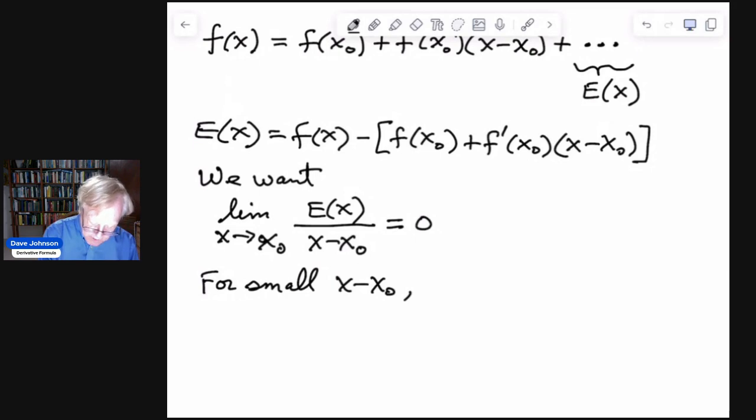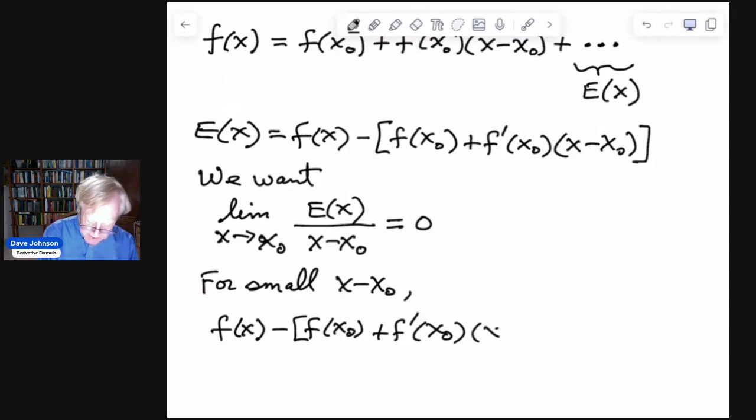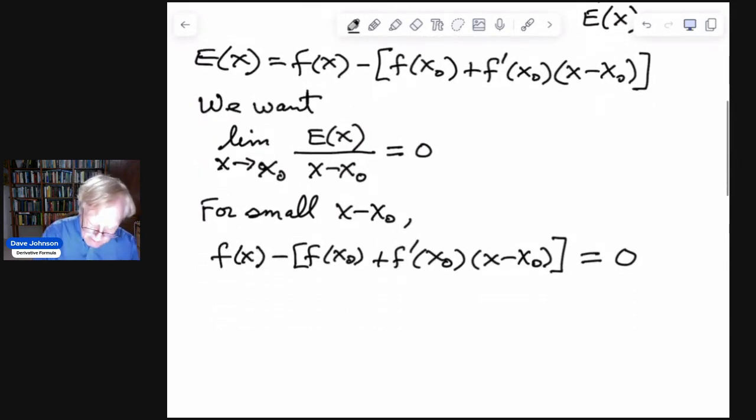Well, if I say f of x minus f of x naught plus f prime of x naught times x minus x naught is equal to 0 for small enough x minus x naught, okay?